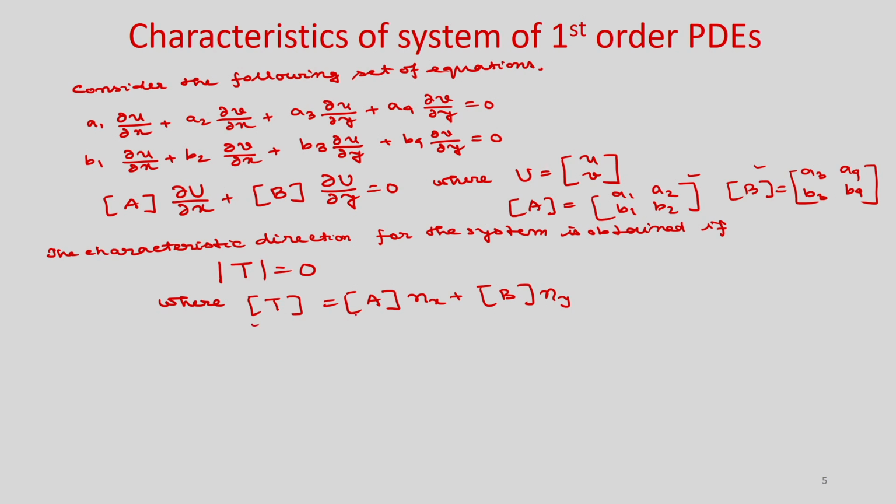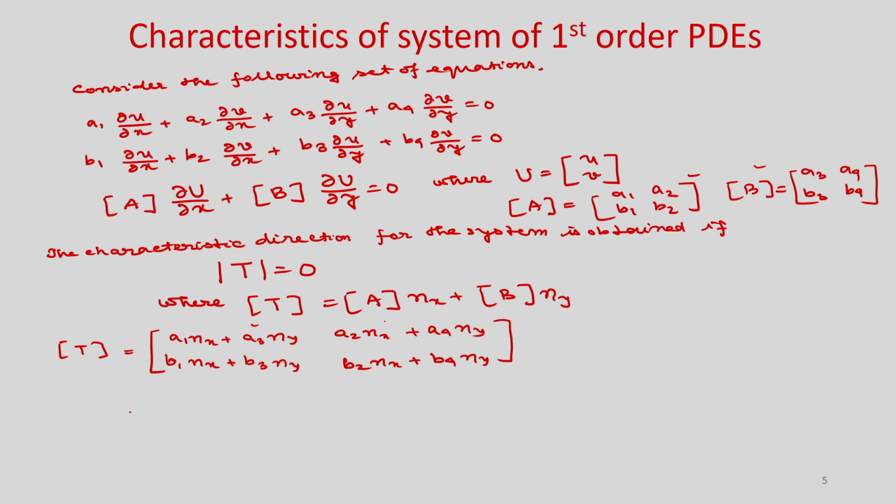Now, T is defined as A n x plus B n y. So, T you can write as a1 n x plus a3 n y, b1 n x plus b3 n y, a2 n x plus a4 n y, and b2 n x plus b4 n y. Okay. So, this is your T matrix.